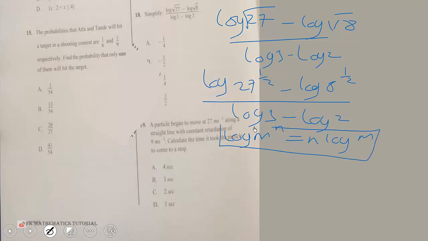Using this law, the numerator becomes 1 over 2 log 27, which is the same as 3 exponent 3, minus log 8, which is 2 exponent 3. Again, the 3 can come to multiply.